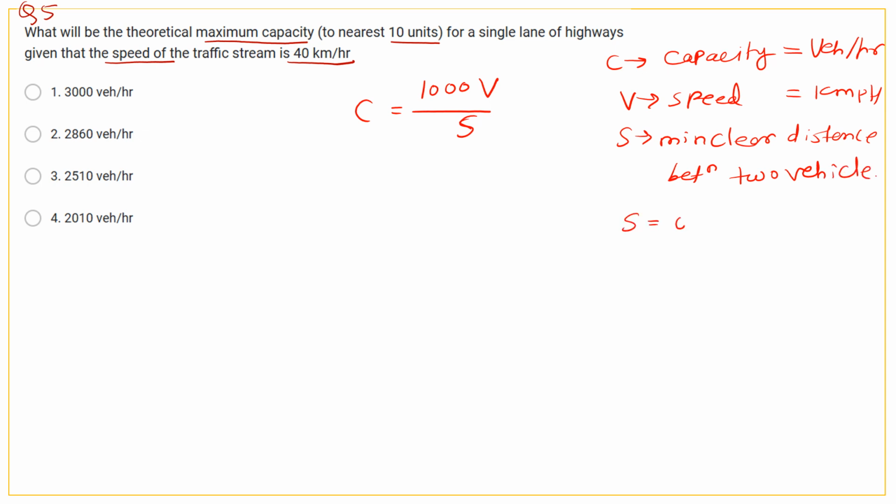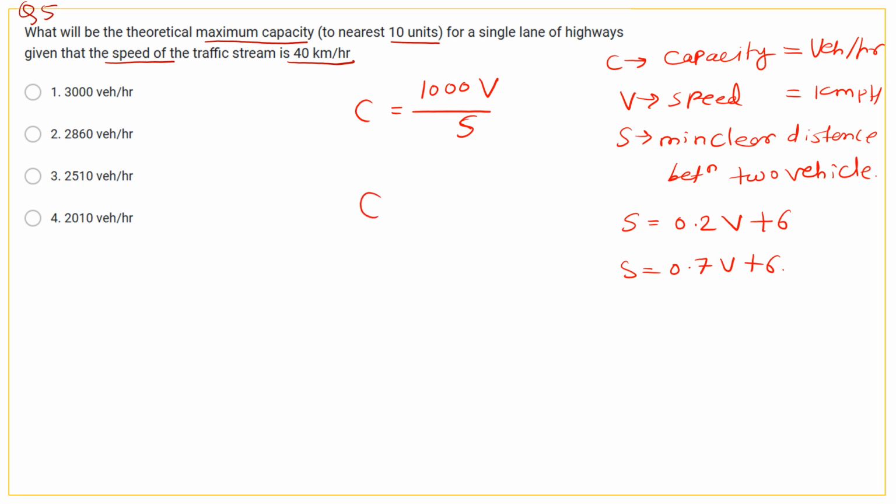S is equals to 0.2 V plus 6. S is equals to 0.7 V plus 6. Okay, this is the value for the S. Then put the given values into this formula.